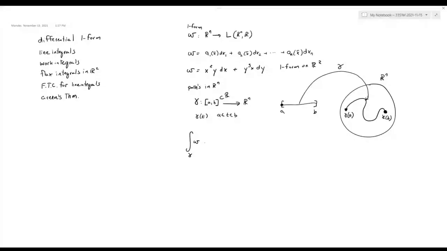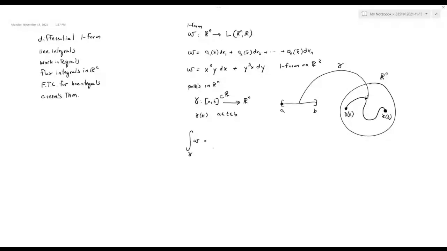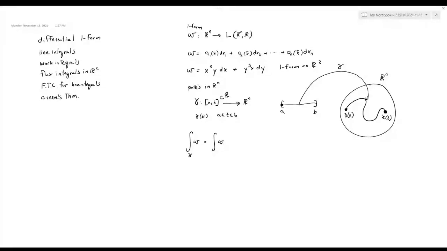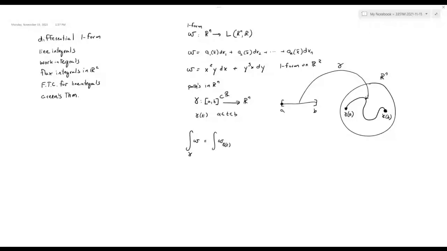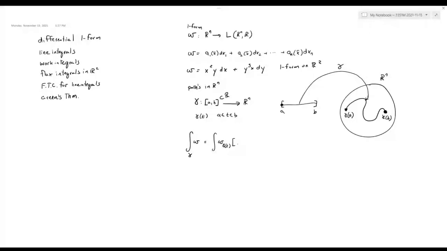Now, what this really means is that we're going to evaluate our one form at points along the curve, acting on the tangent vector, or velocity vector.